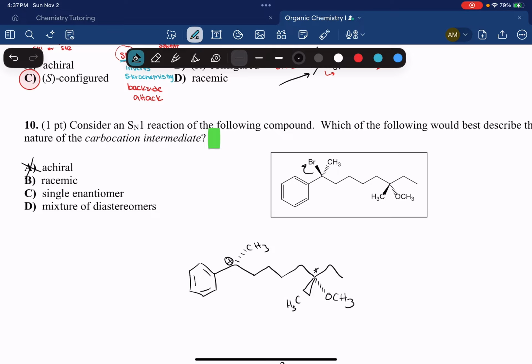A mixture of diastereomers. Well, it's not a diastereomer because we only have one stereocenter, right? Racemic, we don't know. Because we don't have both enantiomers. So racemic would be that we have both enantiomers and they exist at the same amount, right? 50-50. However, it could be a single enantiomer because we only have one. Does that make sense?